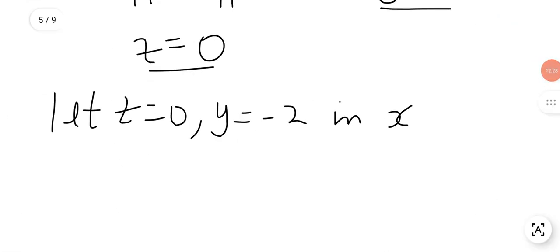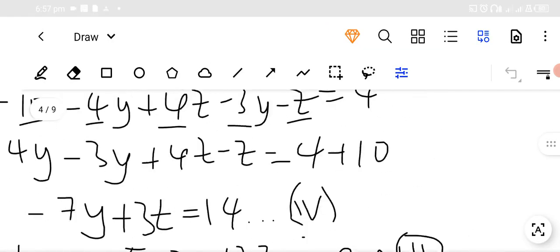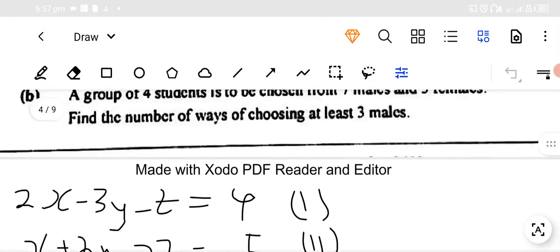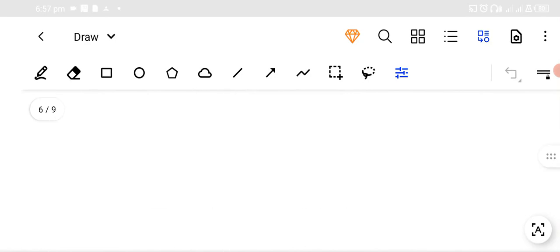Okay, let z be equal to 0, y be equal to negative 2 in x. Okay, what is our x? Let's go back. Our x was x equal to negative 5 minus 2y plus 2z.